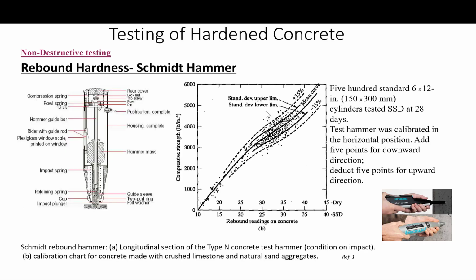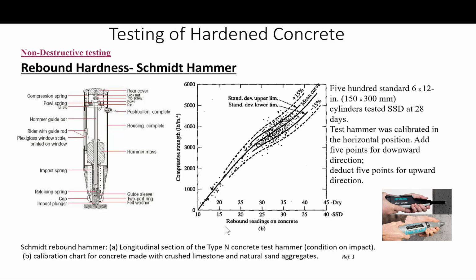So as I said, this is the hammer. Basically, this is a detail, and this is a cross section in the hammer, and it shows all its components involved in the testing. Sorry, go back here. This is a calibration chart for concrete made with crushed limestone, natural sand aggregates.